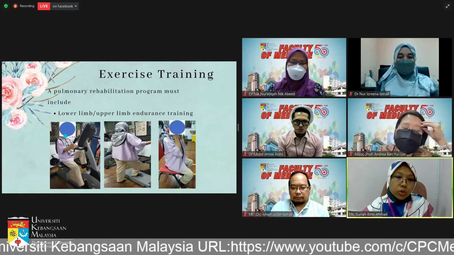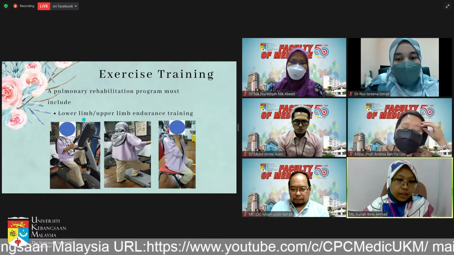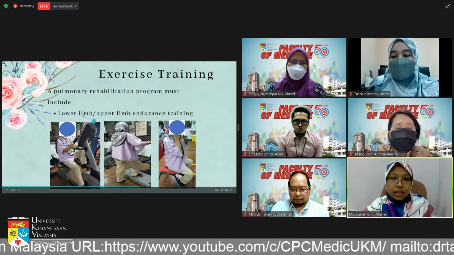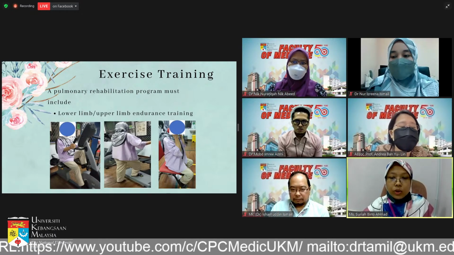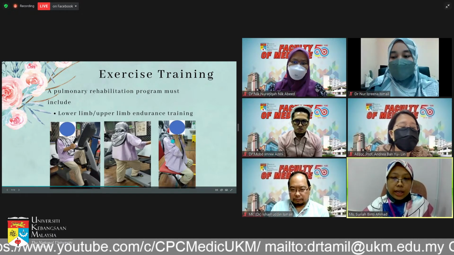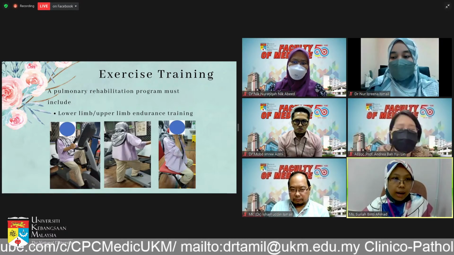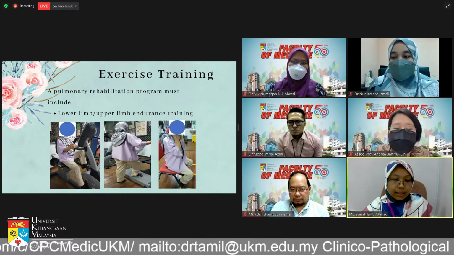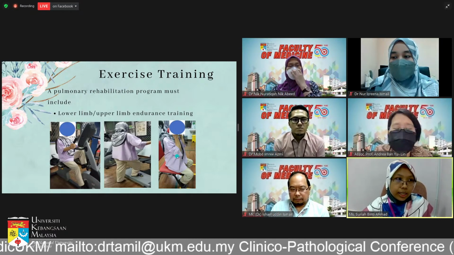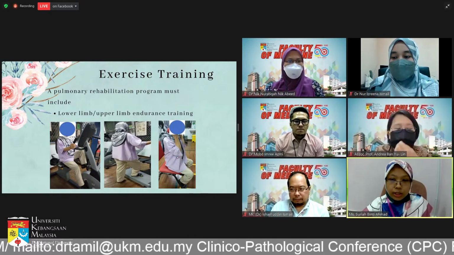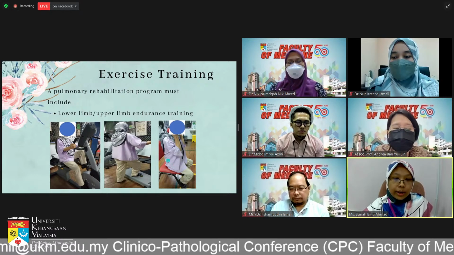Endurance training such as brisk walking, walking on treadmill, cycling, and step exercise is lower limb endurance training. For upper limb we can use an ergometer, but here there is no ergometer, so we use dumbbells with lighter weight. So we increase the repetition, but with the light weight.